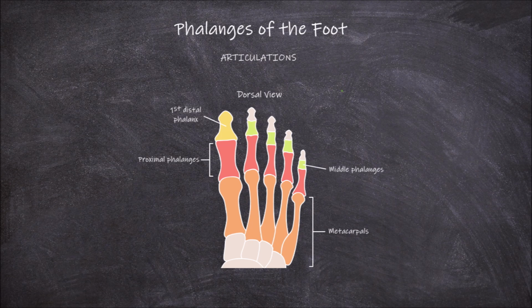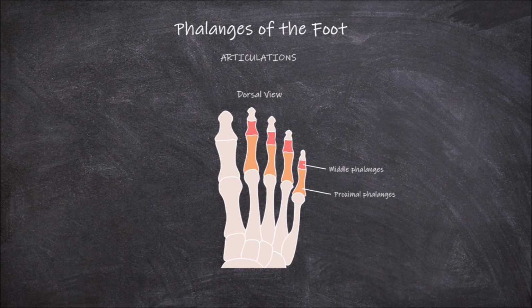Each of the 4 middle phalanges articulates with 2 other bones. They all articulate proximally at the base with the distal surface at the head of the 2nd through 5th proximal phalanges. Distally, the distal surface at their heads articulate with the proximal surface at the base of the 2nd through 5th distal phalanges.